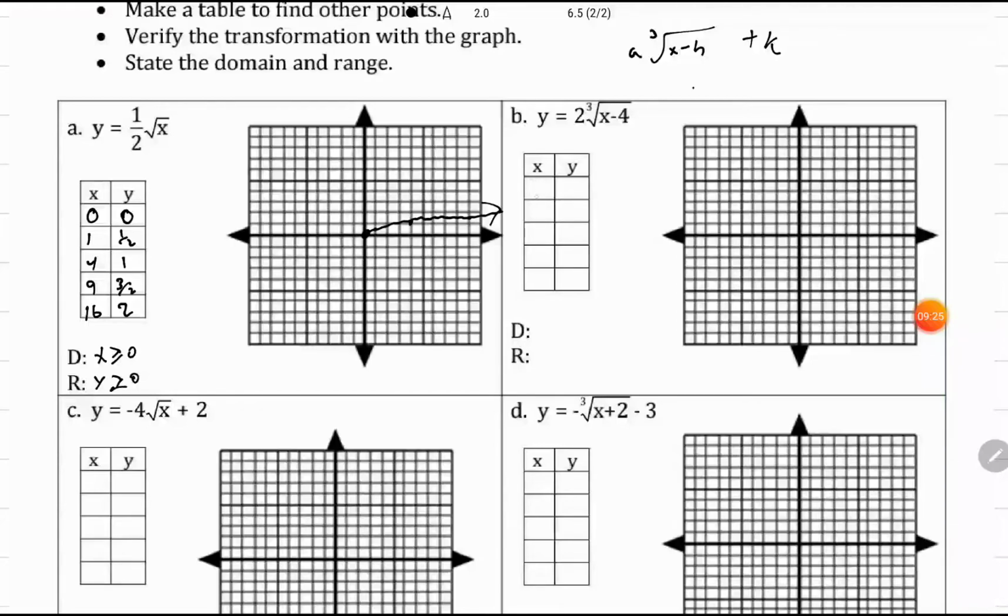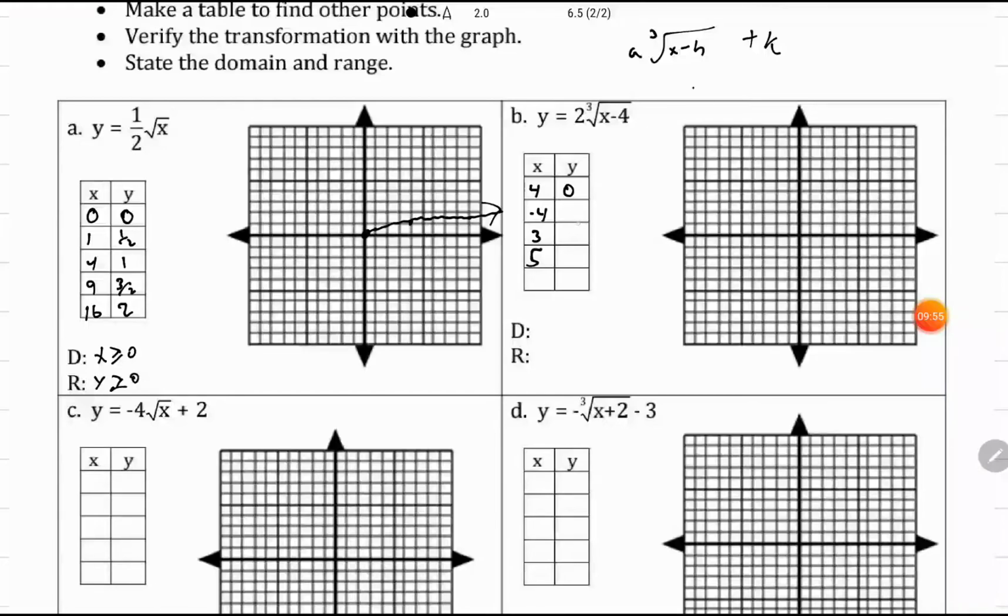We're going to start at 4, 0, and then we plug in negative 4 because we know this is a cubed root, and then let's say 3 and 5.